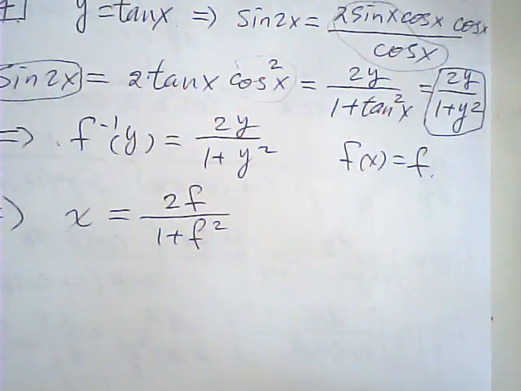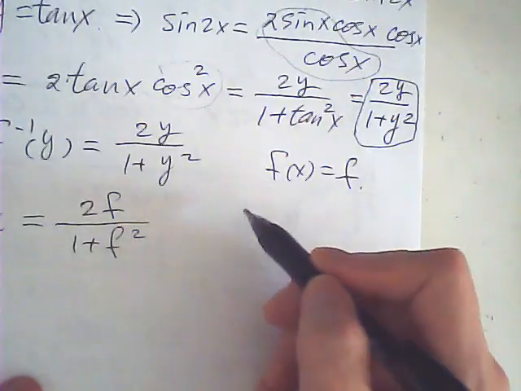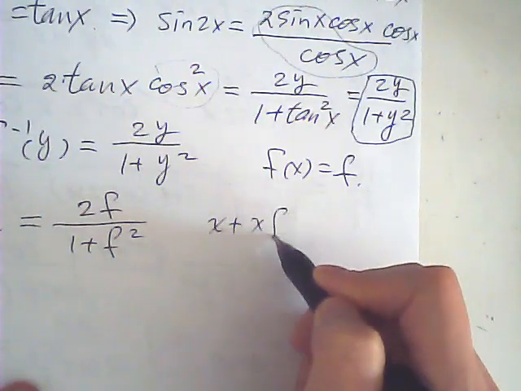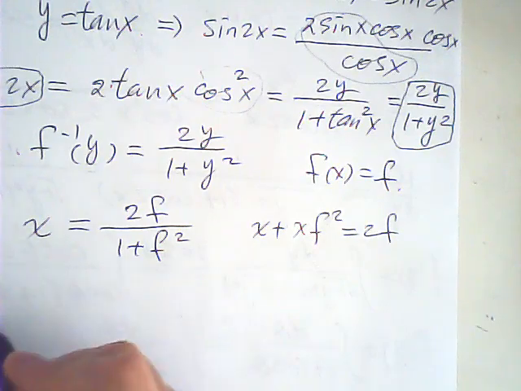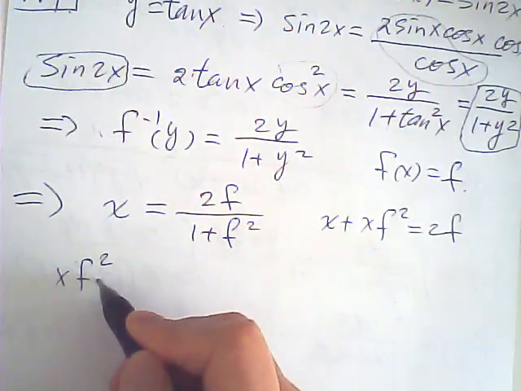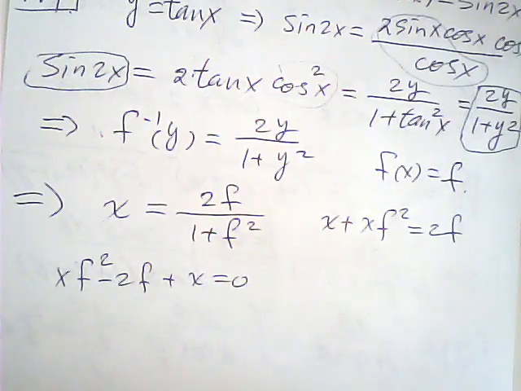Well, we try to find the inverse. Then this is equal to x plus x f squared is equal to 2f. Then x f squared minus 2f plus x equals 0.